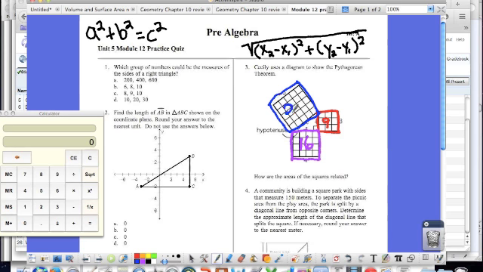When you have a question like this on the quiz, there's going to be multiple choice options. Basically, you're looking for how the areas of the squares are related. The area of the squares of both legs added together is equal to C squared. What does C squared represent? The hypotenuse squared.